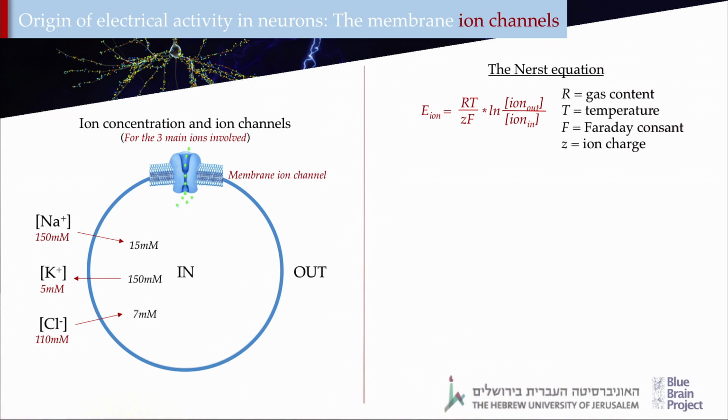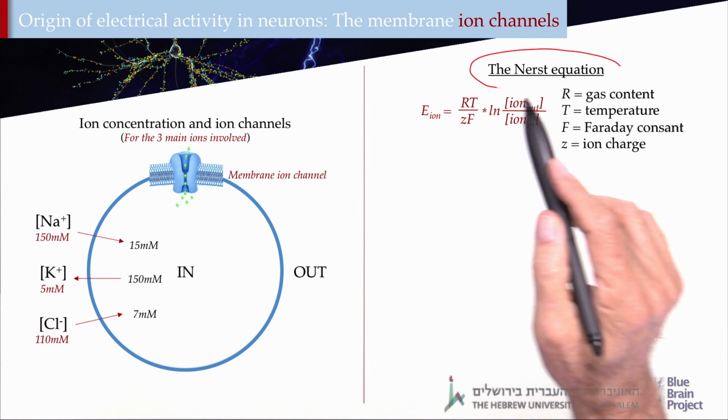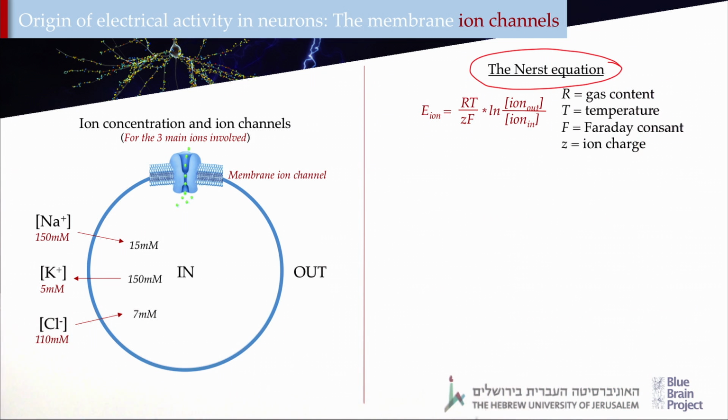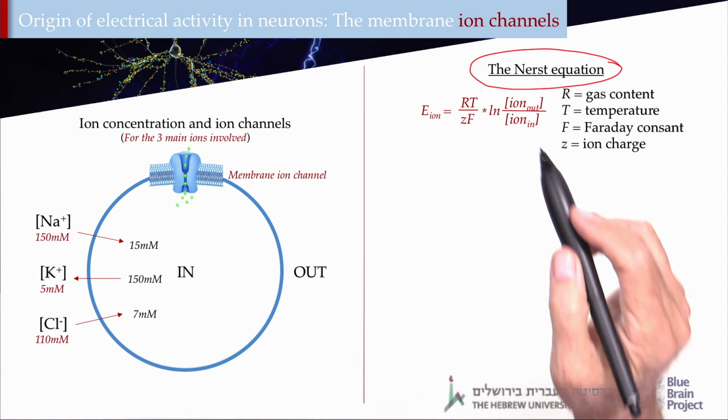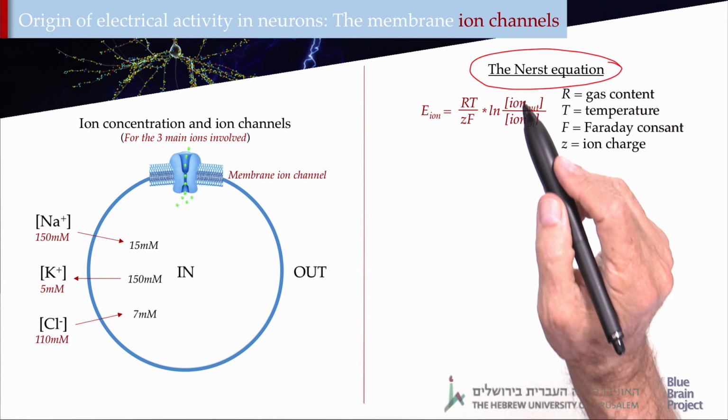So in order to develop an understanding of what is really making these gradients of ions behave like an electrical device, there is the very well-known Nernst equation here, which really describes what is the battery, so to speak, what is the driving force of these ions as a function of the concentration difference of a particular ion between the outside of the membrane and the inside.